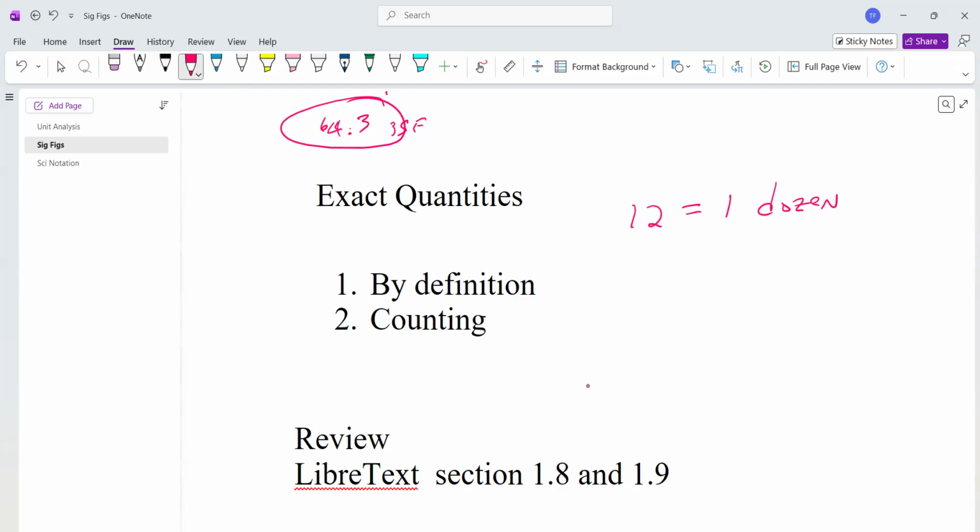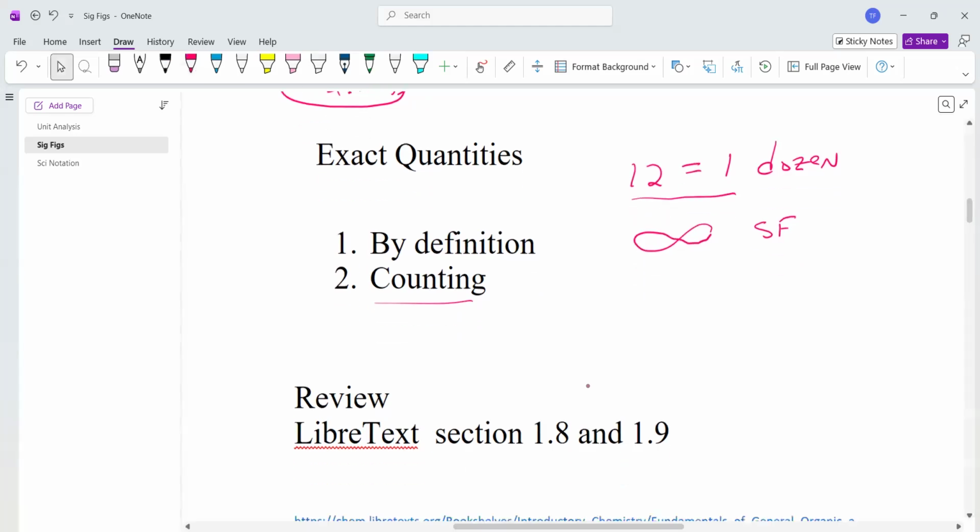So the sig figs on this is infinite. In other words, the exact quantities are not going to come into the calculation because they're infinite. So everything is smaller than infinite. Also, when you're counting, for example, I hit the desk 3 times, not 2.9, not 3.1, exactly 3 times. So that count also has infinite sig figs.